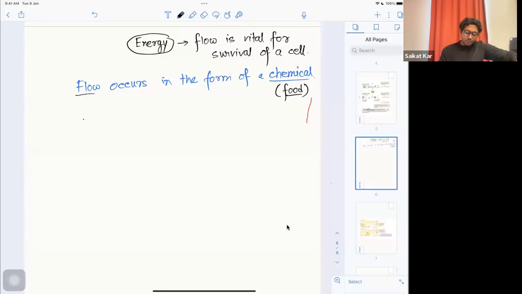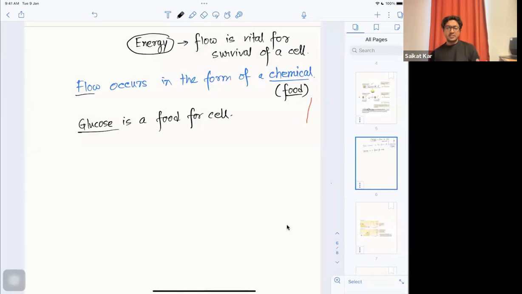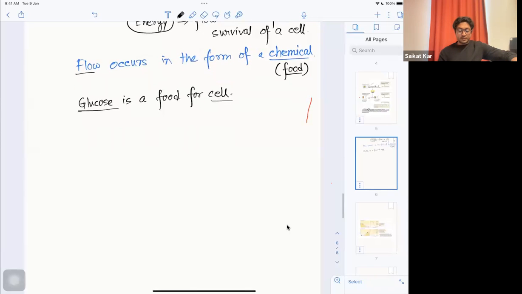So glucose is a food for us. Glucose is a food for the cell. And glucose is actually carrying some energy within itself. Now the cell has to extract that energy from it.